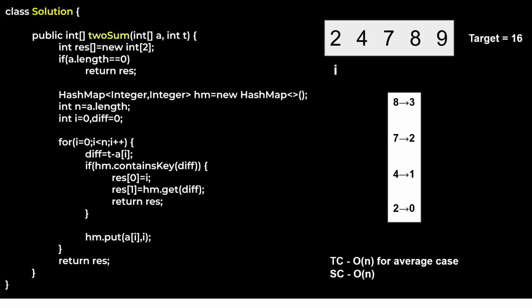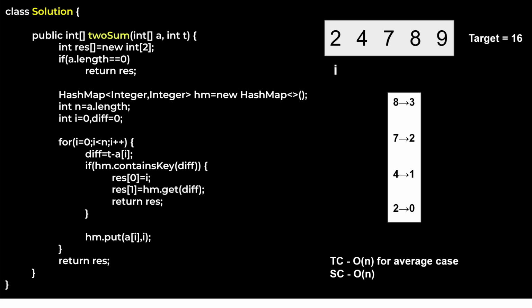So let us go through the solution of this approach once and see the code. So again, we have done just like the previous solution. We have declared a resultant array, a basic check. We have declared a hash map, and then we will start off with the first element of the array with our ith pointer. Find the difference with the ith element and the target element. Then we will check whether our difference exists in the hash map or not.